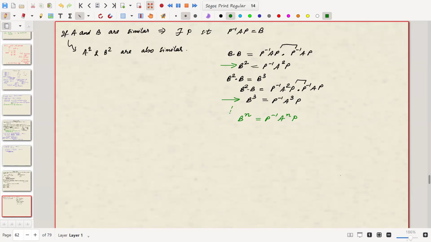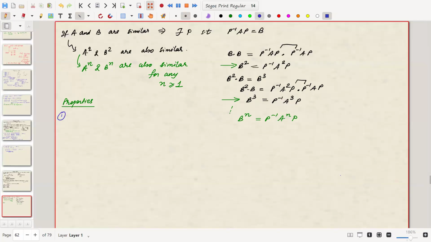So A to the power n and B to the power n are similar for any n greater than or equal to 1. Even if n is 200, 1000, or 10,000.